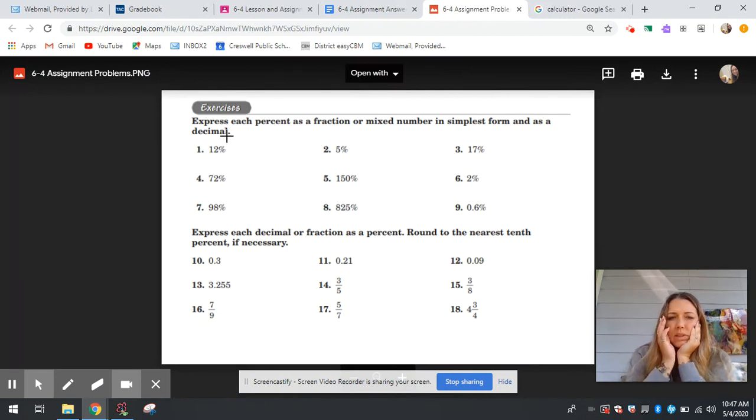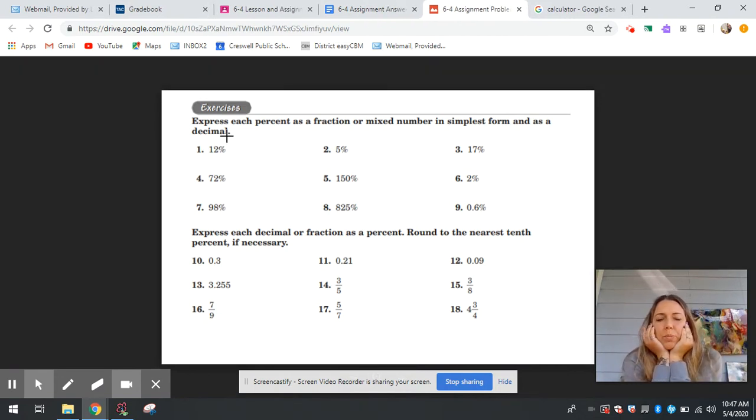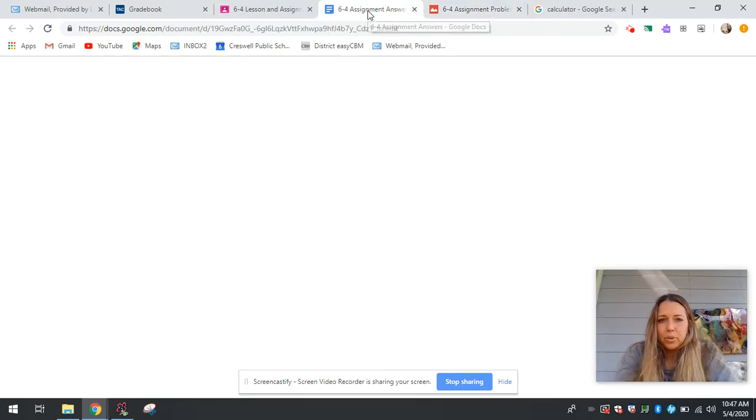The instruction says express each percent as a fraction or mixed number in simplest form. So you get your fraction and then you reduce it, and as a decimal. If you can't reduce fractions still, then at least write the percent as a fraction out of 100 and write it as a decimal. It's very easy. So 12%, percents are out of 100.